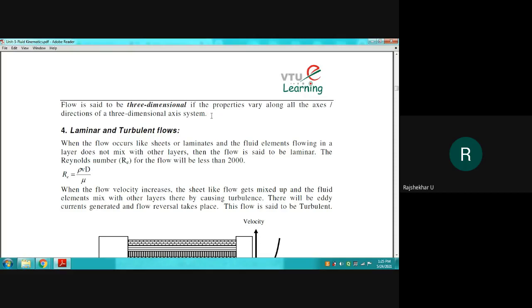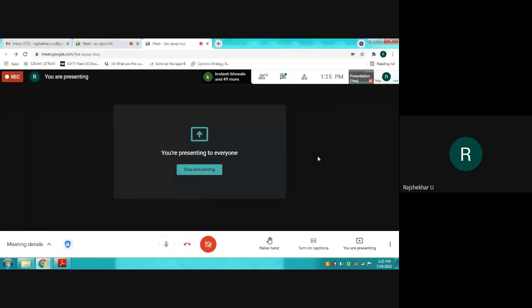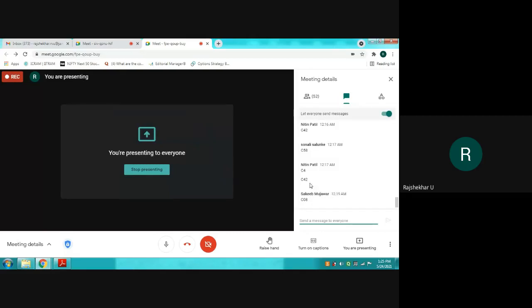Yes, this one I think you know. Laminar and turbulent flow. Can anybody just tell me what laminar and turbulent flow is? I think I should not explain, since you already know it from school level or prior to that, and maybe somewhere in engineering too. Can somebody recall and tell me what laminar and turbulent flow is?